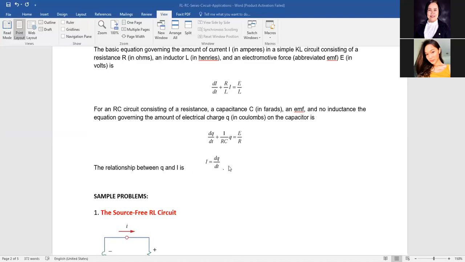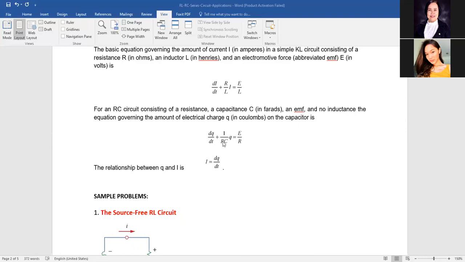Again, I emphasize that here your I is the derivative of Q with respect to time. The second circuit equation has the unknown function charge in coulombs for your RC circuit and the independent variable, which is time.